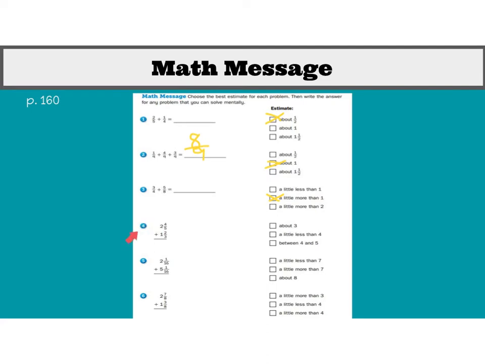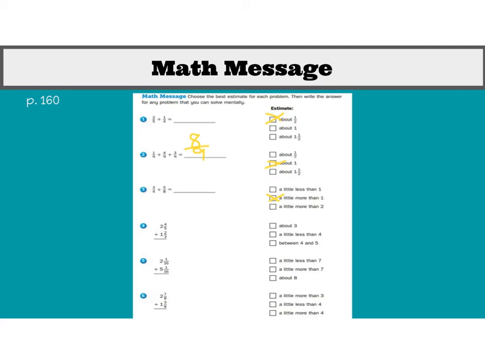Let's look at number 4. We have 2 and 4/5. So notice we have a mixed number plus another mixed number of 1 and 2/3. So this time our estimates are a little bit higher. Is it closest to 3? A little less than 4? Between 4 and 5?